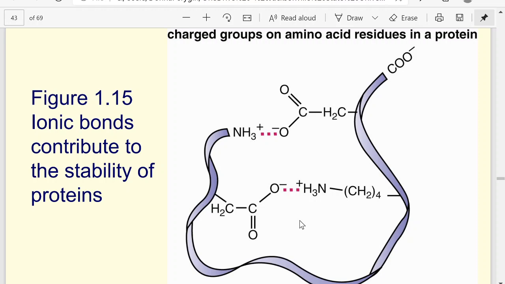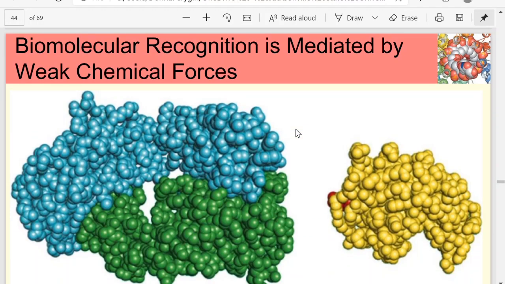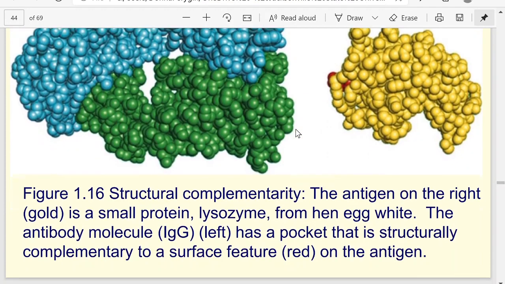Sorry, and then we have these two groups. So notice one's positively charged, one's negatively charged, one's positive, one's negative. So the ionic species are interacting with each other. So these are ionic bonds in proteins, and they stabilize the three-dimensional structure of the proteins.